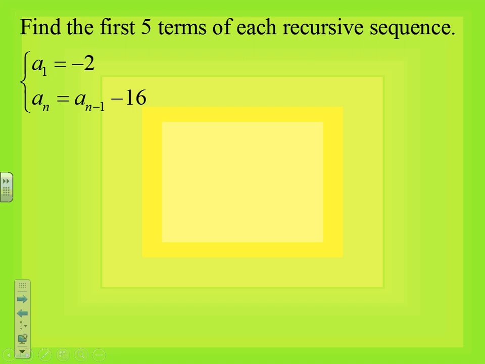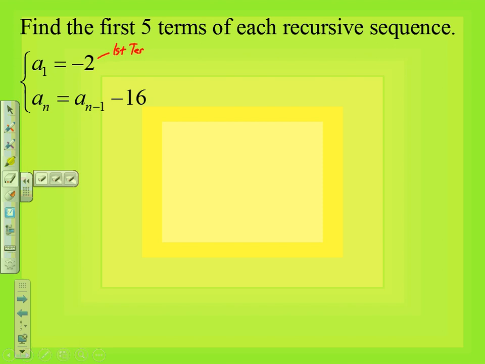What it's telling you here, it says A1. This is the first term that the sequence produces. First term, not M. And what we want to know is, what are the first 5 terms of the sequence?